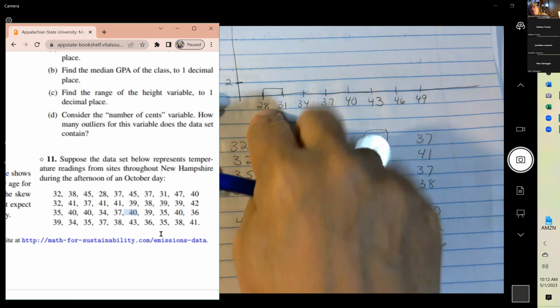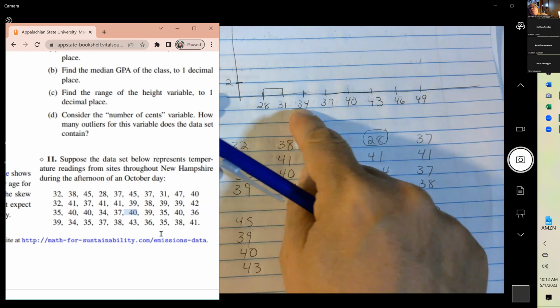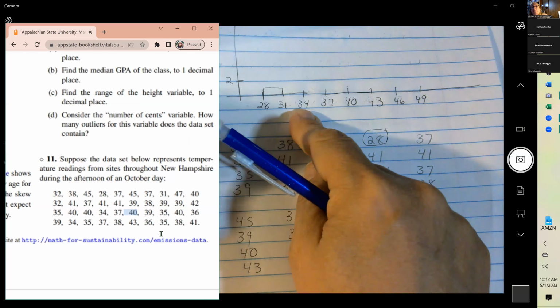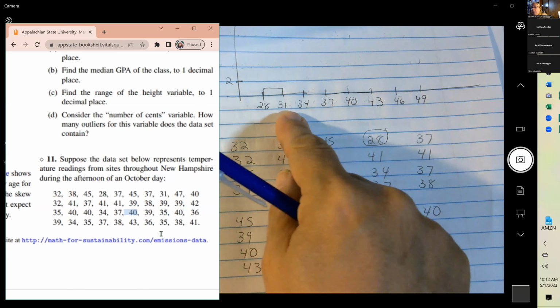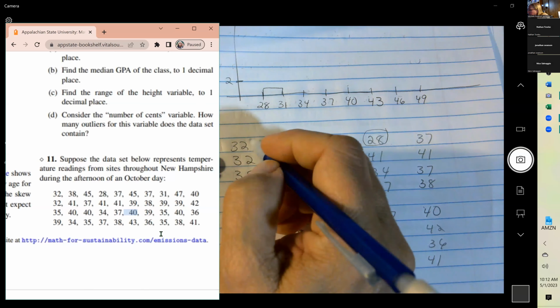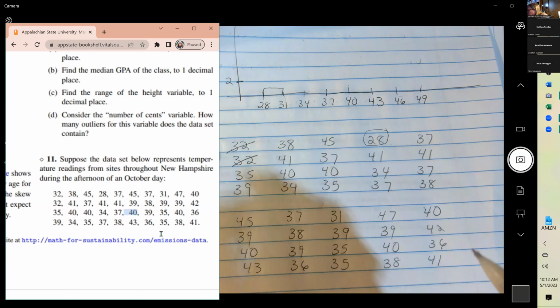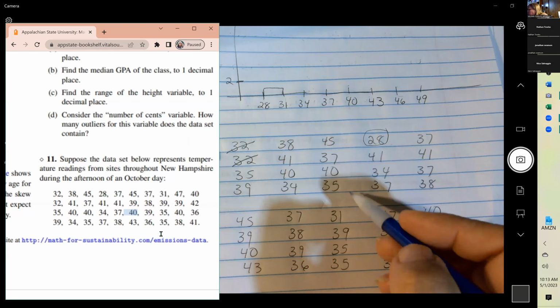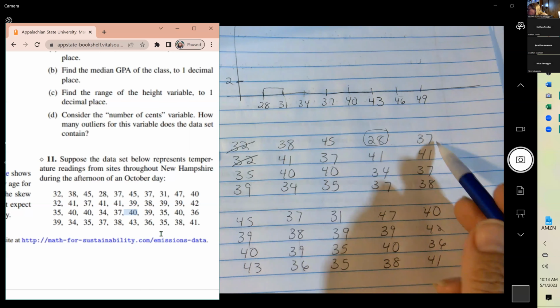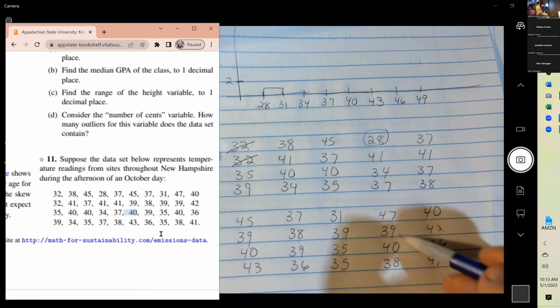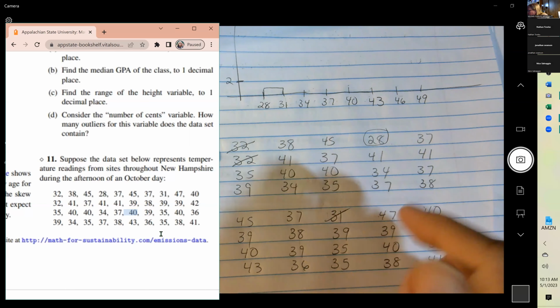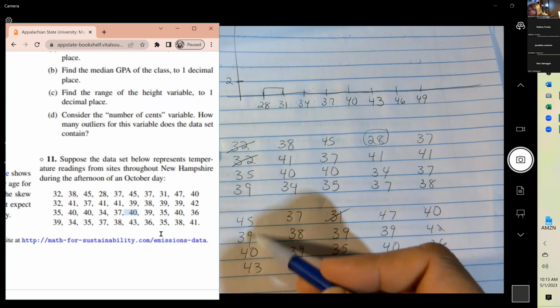Now this is 31 up to, but not including 34. Now, since we have integers, then it'd be 31, 32, and 33. Three of them.